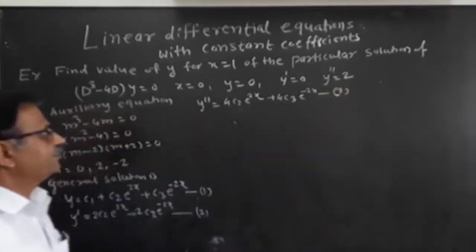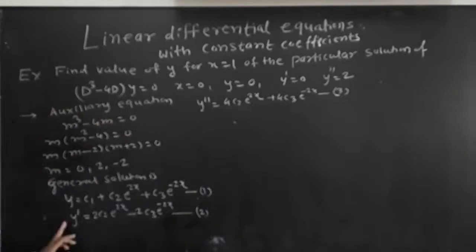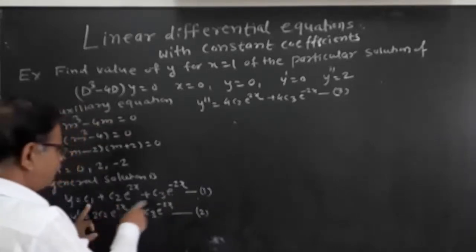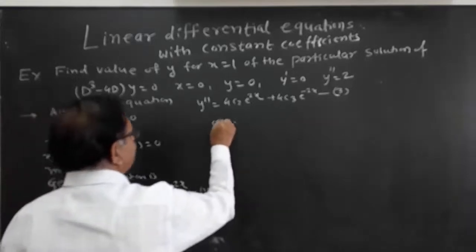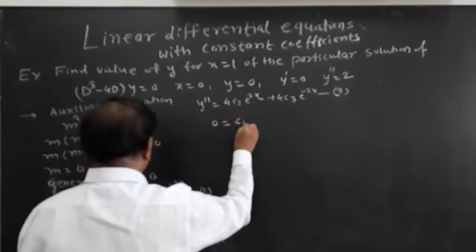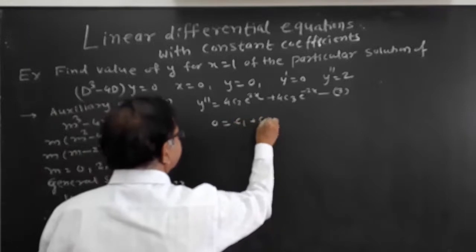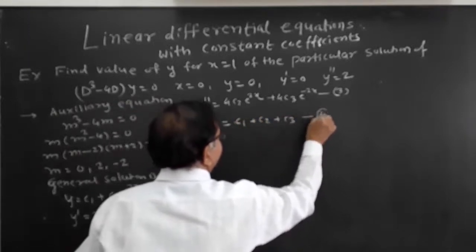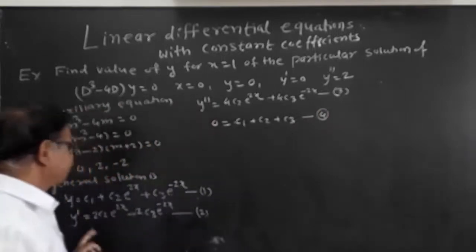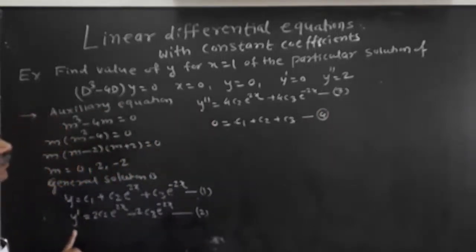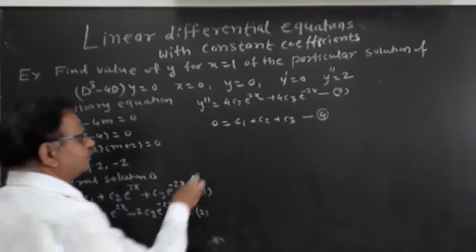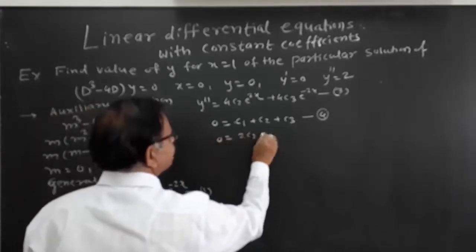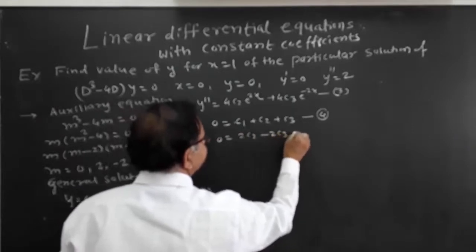In this, we shall put the conditions. When x equal to 0, y is 0, from equation 1 we get 0 equal to C1 plus C2 plus C3. This is equation 4. When x equal to 0, y dash is 0: 0 equal to 2C2 minus 2C3.